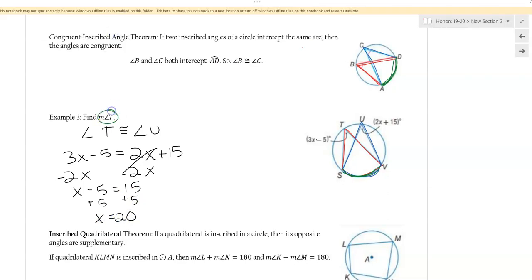But again, we want to find the measure of angle T. So the measure of angle T equals 3x minus 5, which is 3 times 20 minus 5. 3 times 20 is 60, minus 5 is 55 degrees.